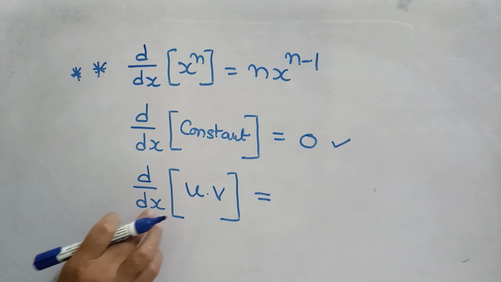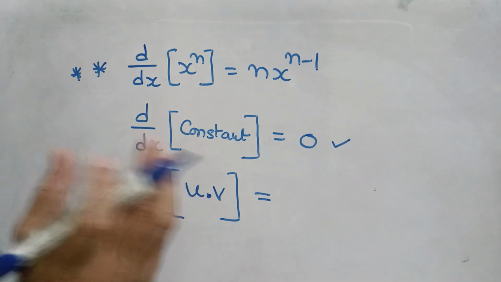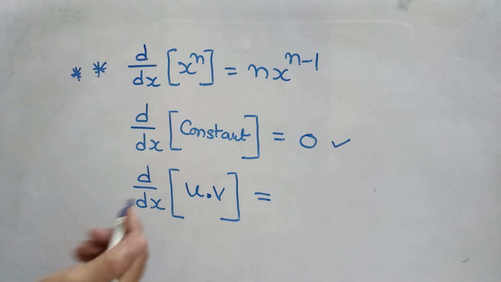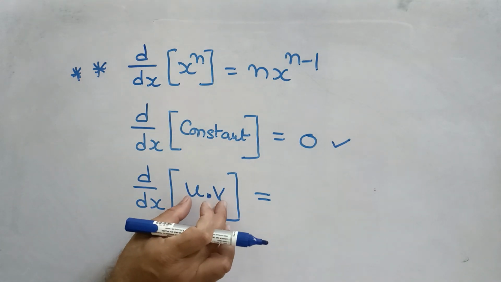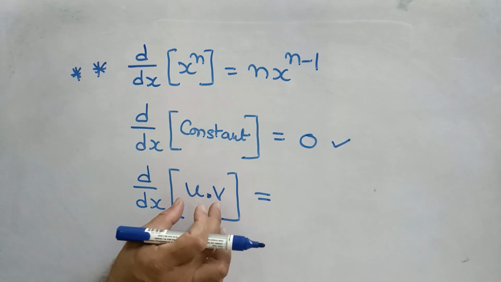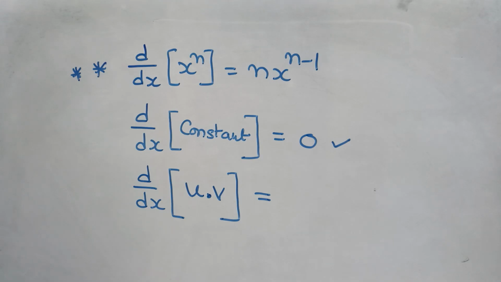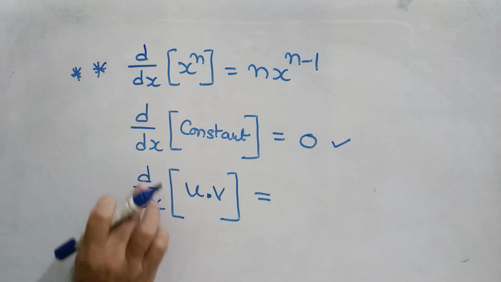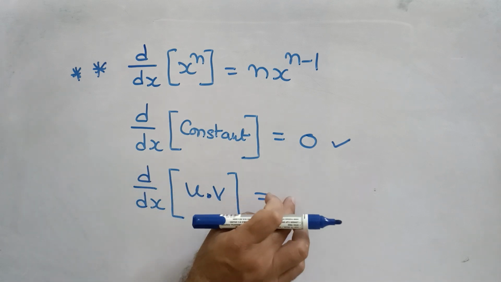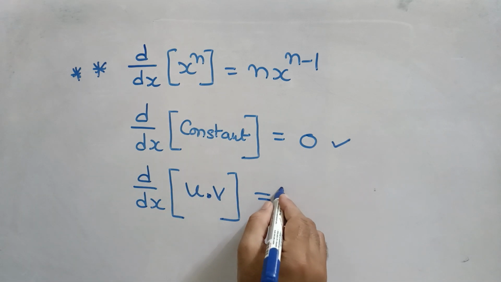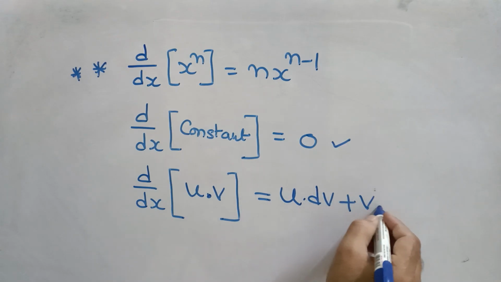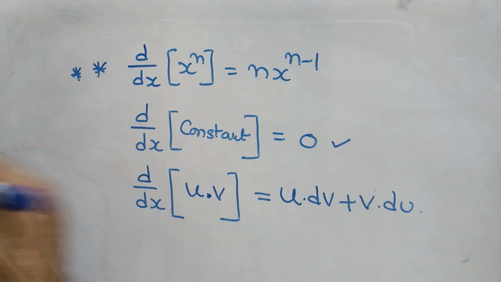Then d by dx of u into v is u into dv plus v into du. That is the formula.